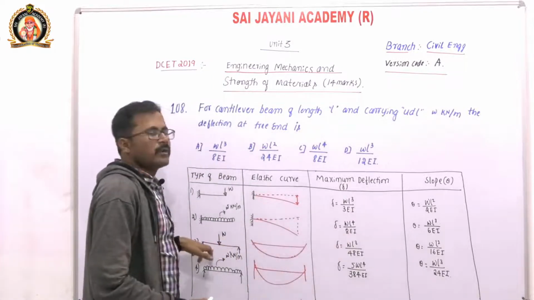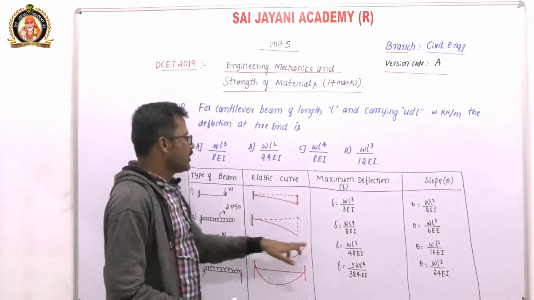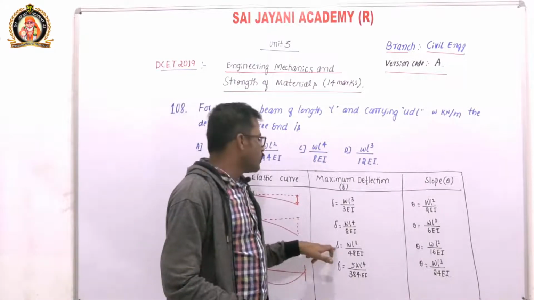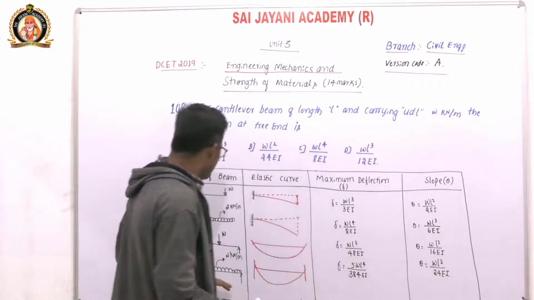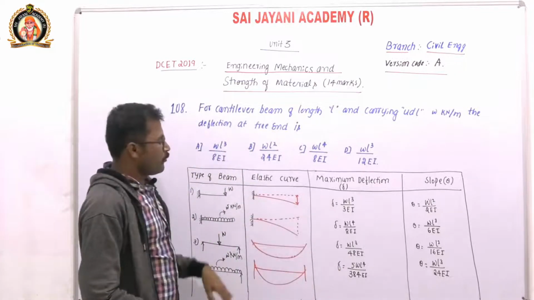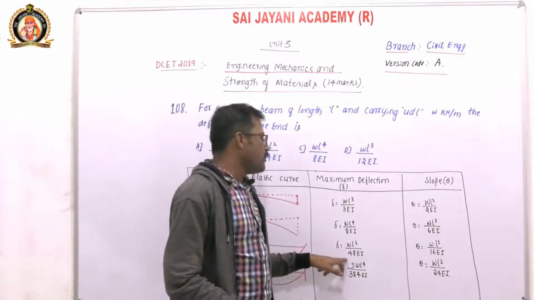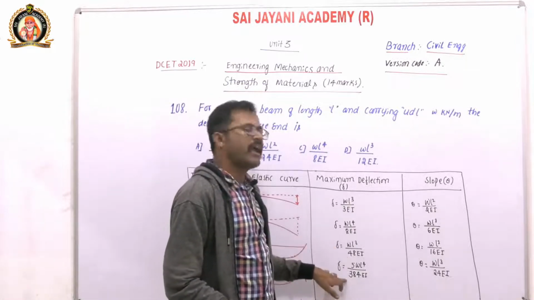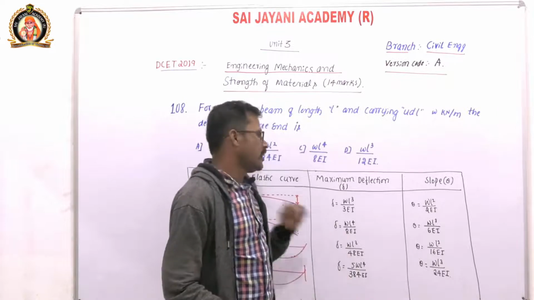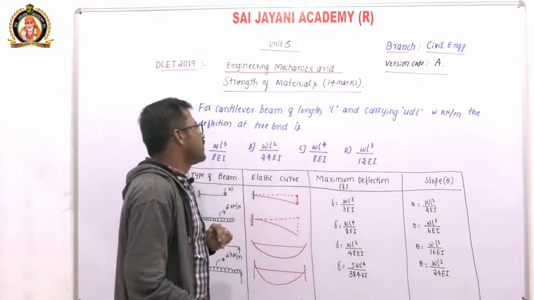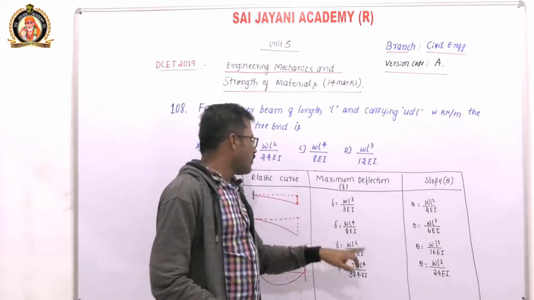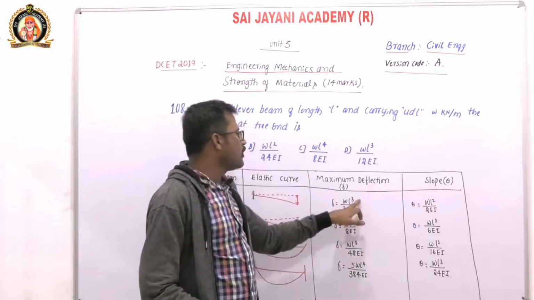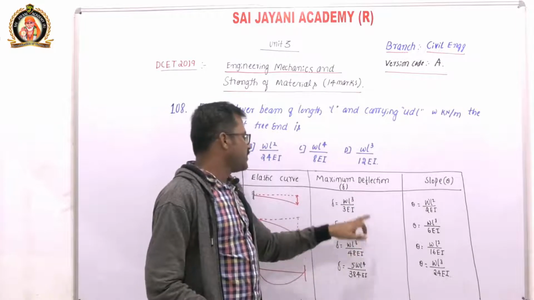For simply supported beam with point load, delta is equal to WL cube divided by 48EI, and for simply supported beam with UDL, 5 WL to the power 4 divided by 384 EI. So one thing is clear that for UDL we have L to the power 4, and for point load we have power 3.